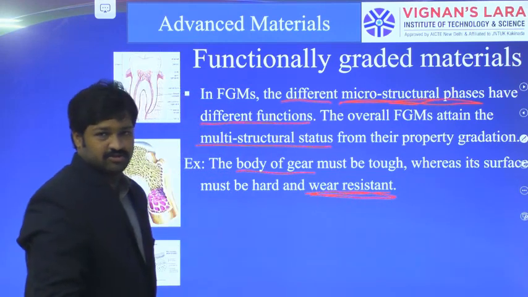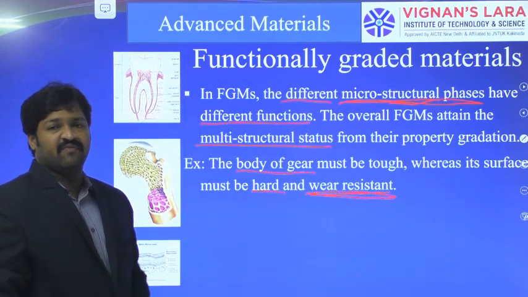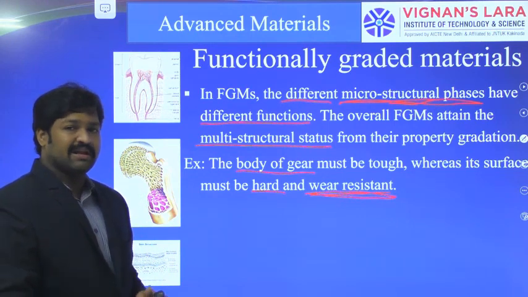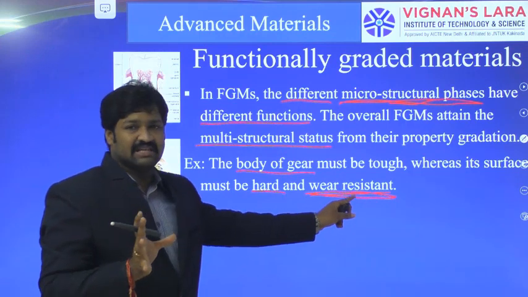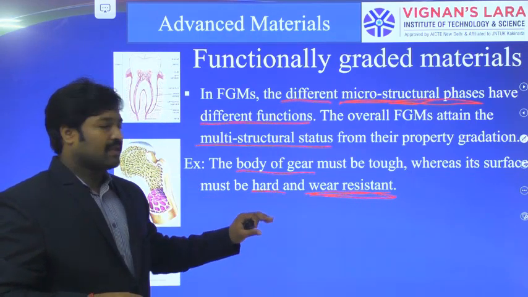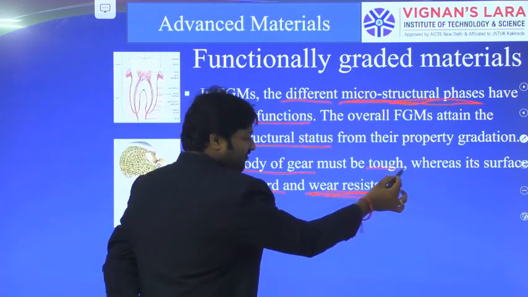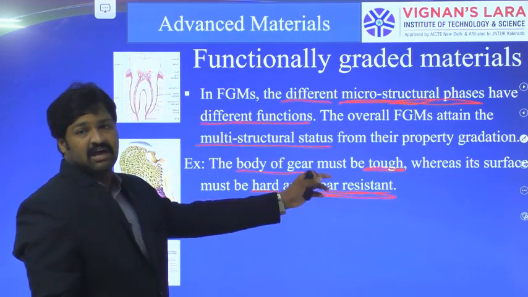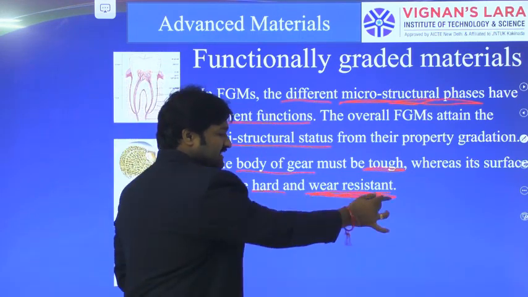If they are hard and highly wear resistant, the life of the component will be high. But if the whole bulk metal has high wear resistance, the material will be brittle. So the inside of the gear should be tough, whereas the outer mating surfaces should be wear resistant.